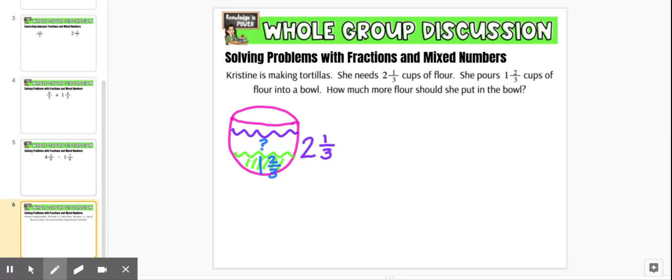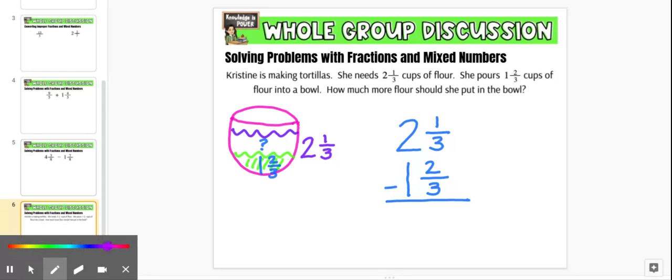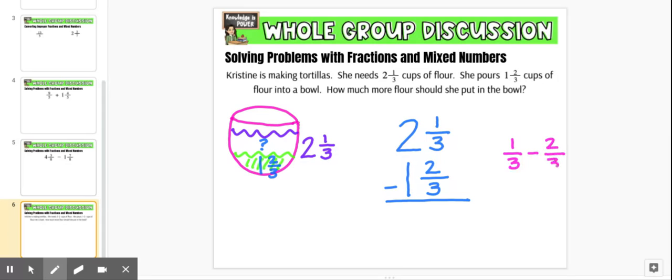So in order to do that, we're going to subtract. We're going to take our total amount that we need, which is 2 1/3. We're going to take out what I already put in there, and that's going to tell us how much is left over that I need in order to make my tortillas. So I need to borrow because I cannot do 1/3 minus 2/3. So I have to borrow. This becomes a 1. We're going to take the 1 that we took away and we're going to put it over here.